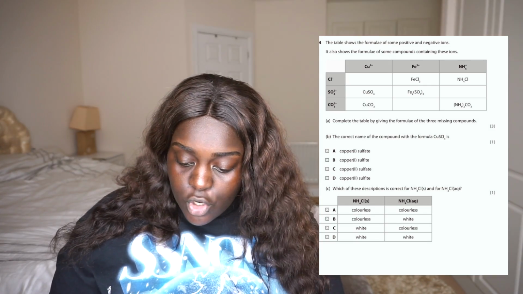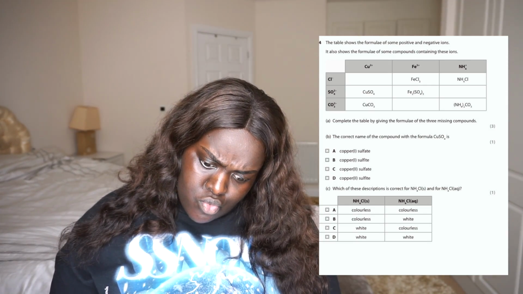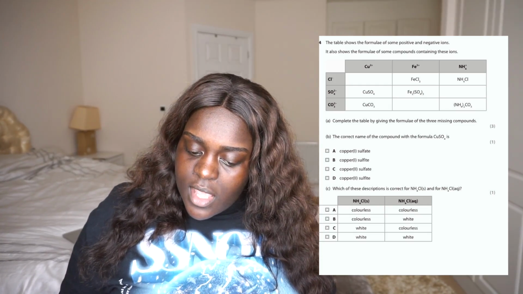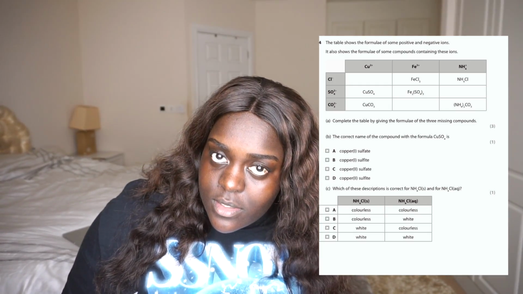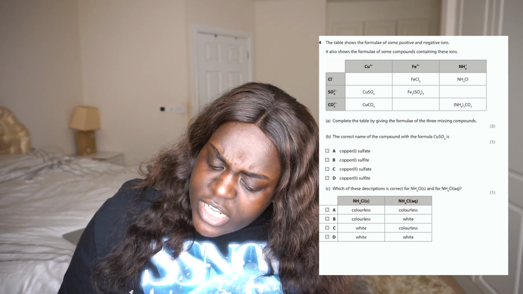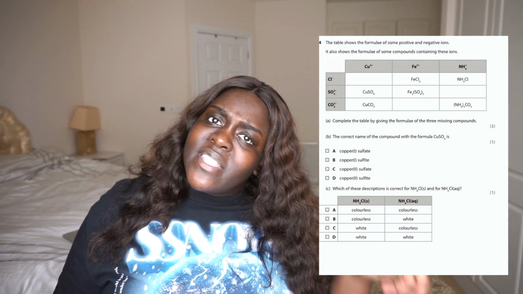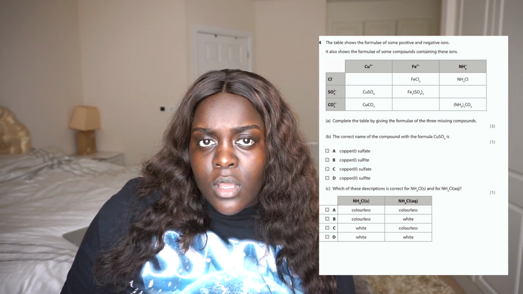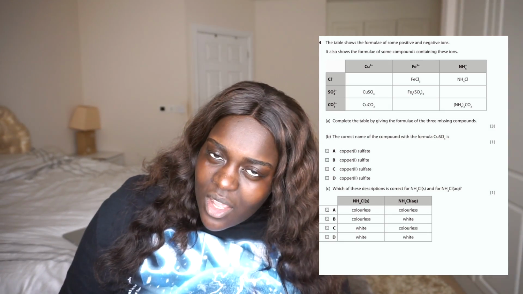Copper sulfate, so it's copper 1, copper 2. But the thing is, copper is 2+ and SO4 is 2-. So would it not be, instead of Cu2SO4 2, did the charges just cancel themselves out to make copper 1?